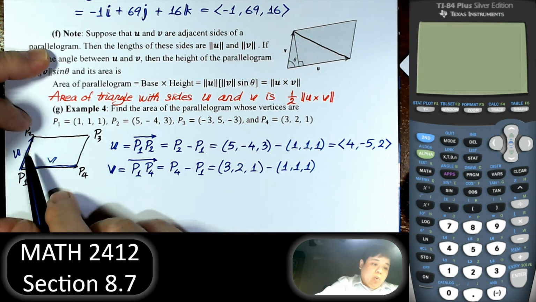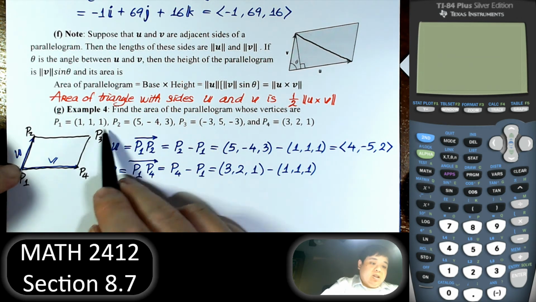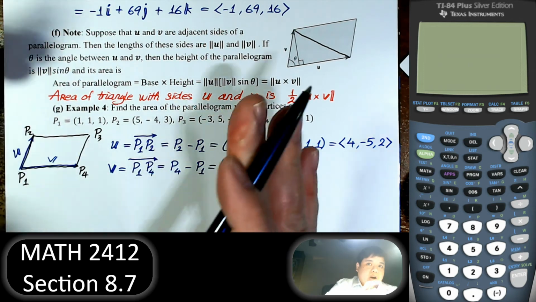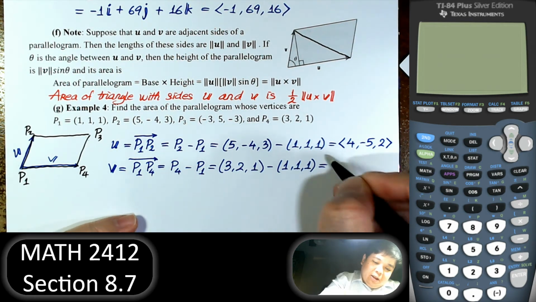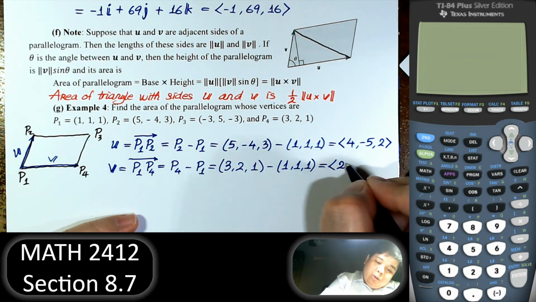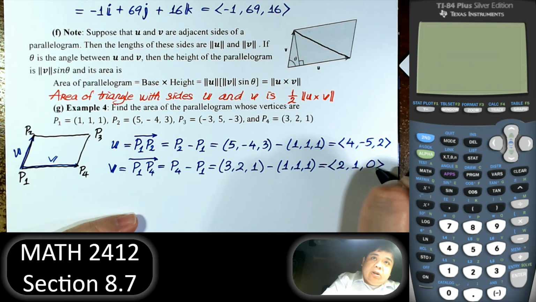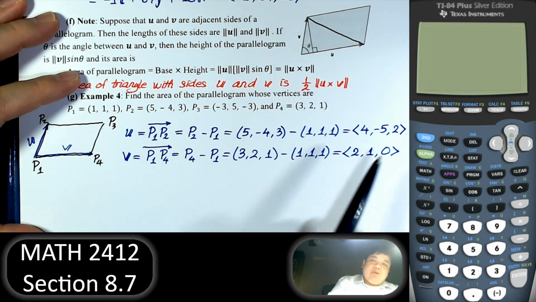Of course, we don't want to use P1, P2 cross P1, P3 because we're not doing the diagonal. We use two adjacent sides. So that gives us 2, 1, and 0. Finally, for the area of the parallelogram, we just do the cross product of these two.